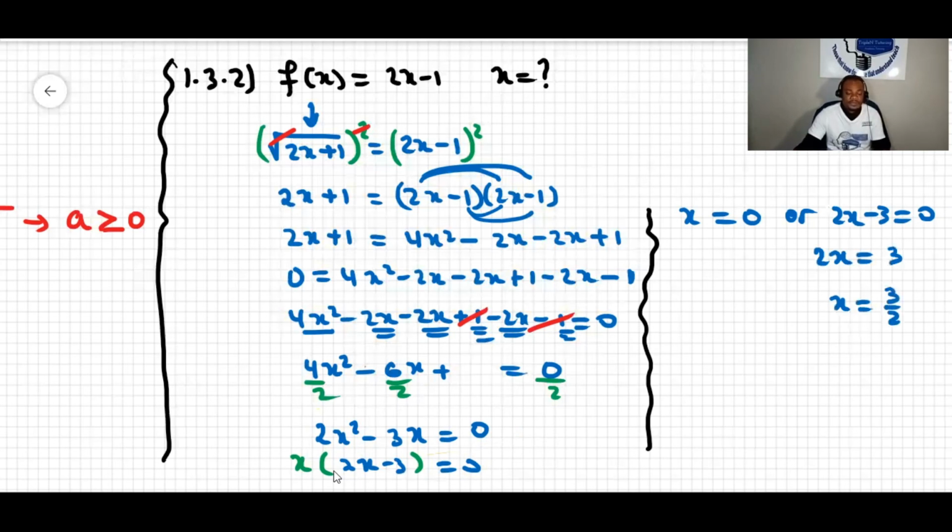So the values of x for which f of x equals 2x minus 1 are x equal to 0 or x equal to 3/2, which is 3.5.